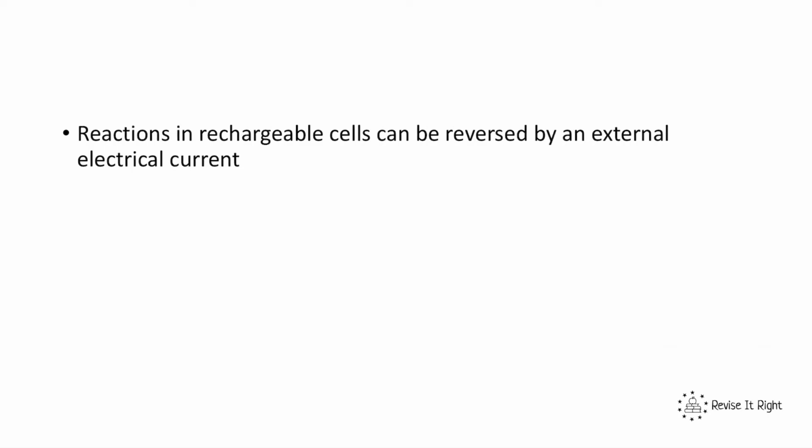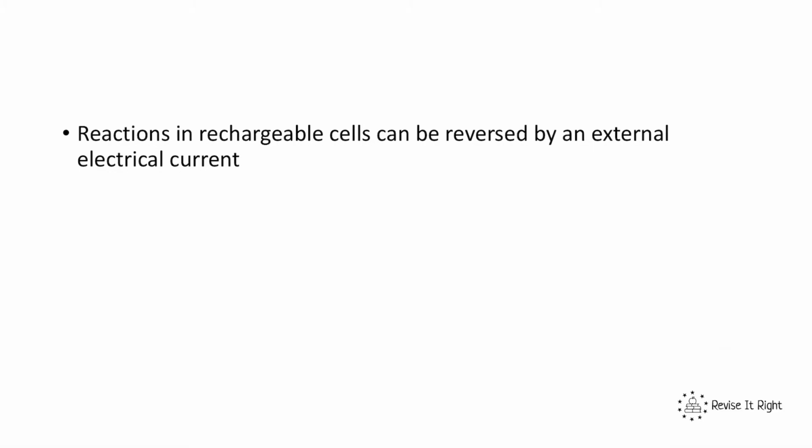Whereas reactions in rechargeable cells can be reversed by an external electric current, and that means that they are rechargeable. And when the products have been reversed back into ions, those ions can then be used again to produce electricity, and therefore the batteries can be reused once they have been recharged.